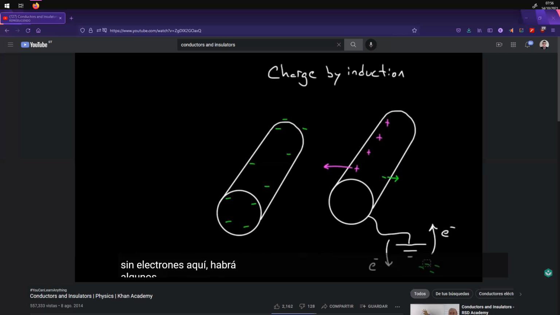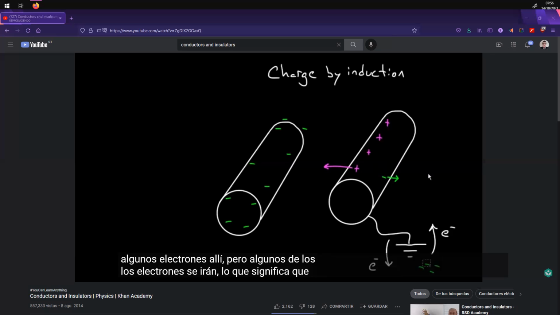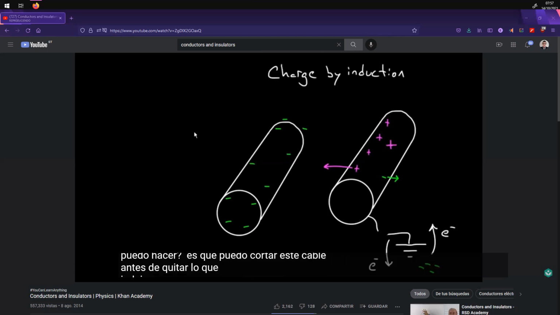But some of the electrons will leave, which means this rod, which used to be uncharged, now has a net amount of positive charge in it. So I've charged this rod without even touching it because I let those negative electrons leave. And if I'm clever, what I can do is cut this wire before I take away the thing that induced the charge.